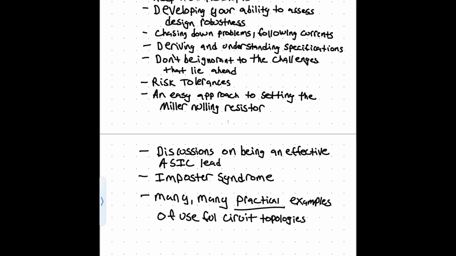I'd also like to discuss being an effective ASIC lead. I have personally seen a lot of different leads where I've worked. Some of them are extremely effective and capable, and some of them are not as effective, but they still get the job done. I've seen what makes an effective lead, and I've tried to adopt those methods and mindsets into my own skill set, such that I can improve being a lead myself.